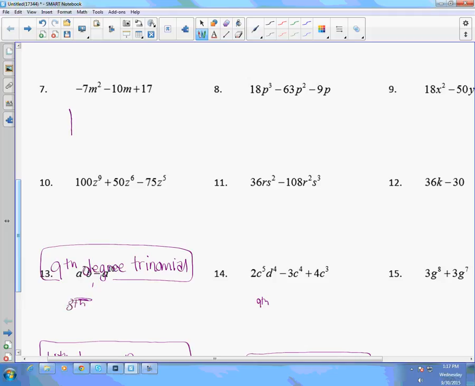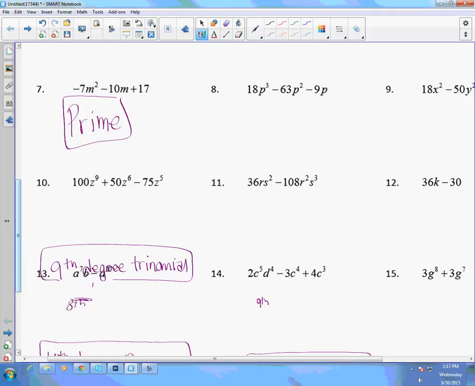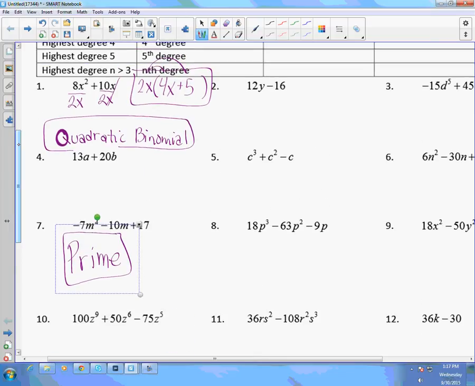No. So we write prime. However, if they all have n's, it's not prime. Lots of people on paper write prime, but it's not prime. Just because their coefficients don't have a common factor other than 1, doesn't mean they don't have a common variable. The greatest common factor could be just a variable, it could be just a number, or it could be a mixture like this one, 2 and x.